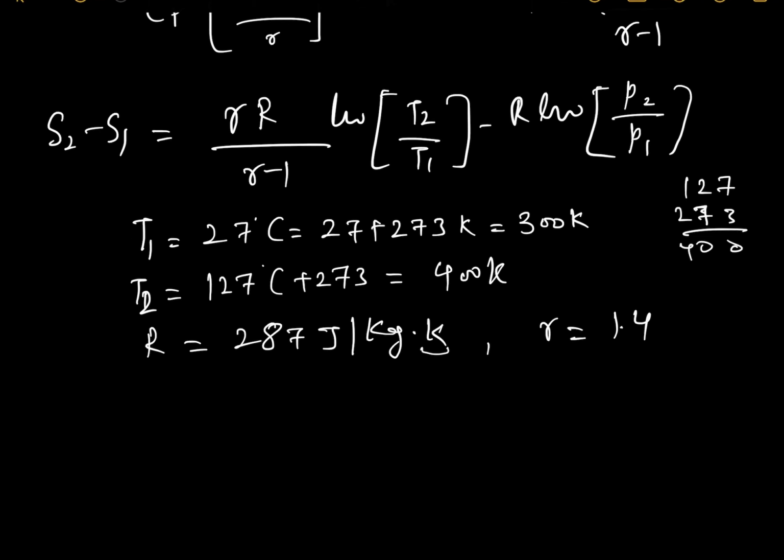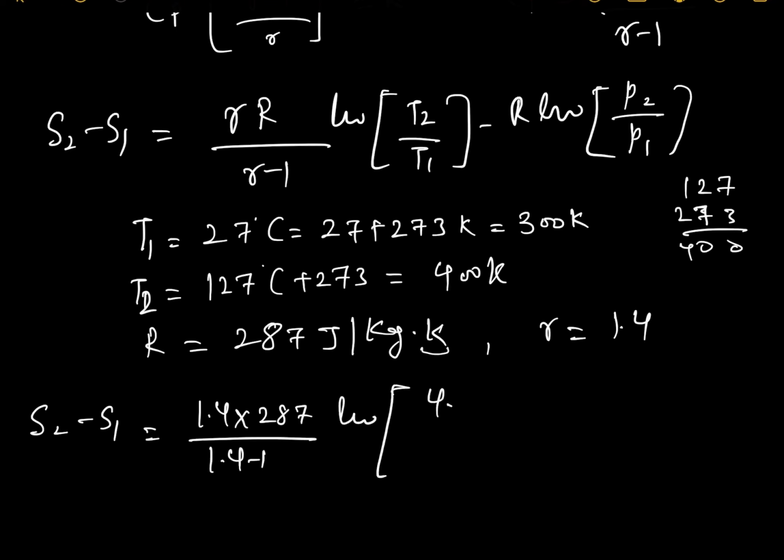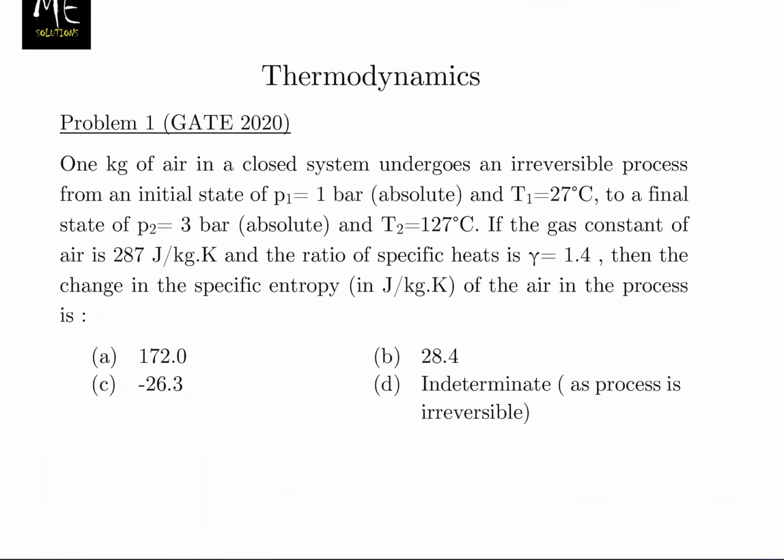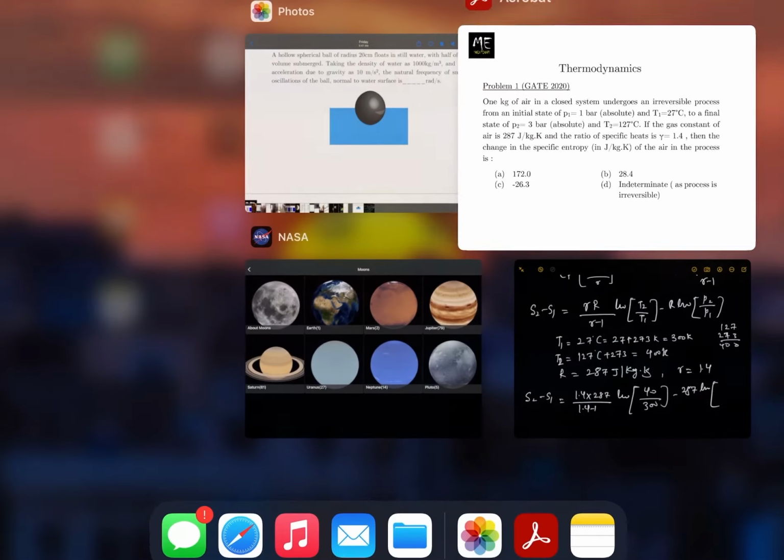So if we put the values, what's the value of R? 287. What is the value of P2? The P2 is 3 bar and P1 is 1 bar.